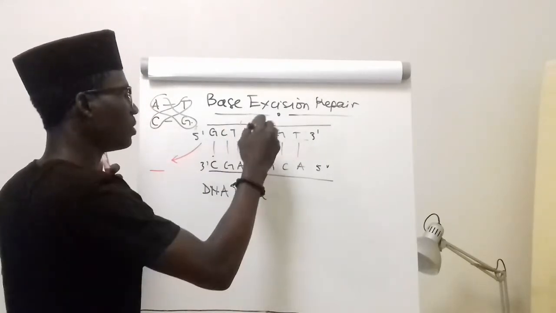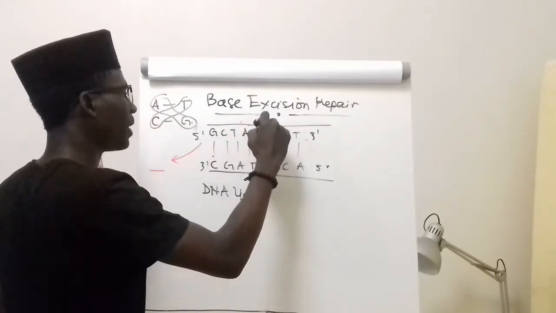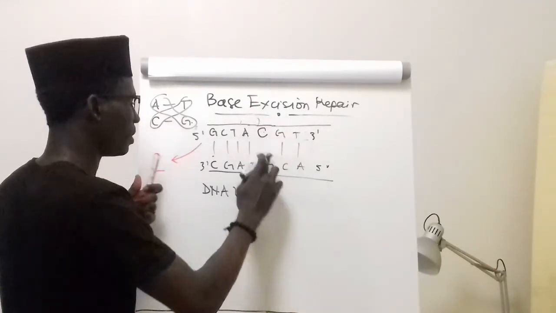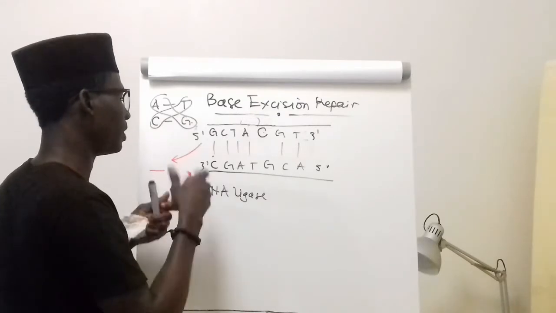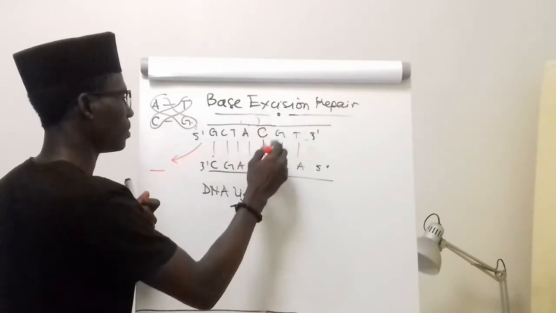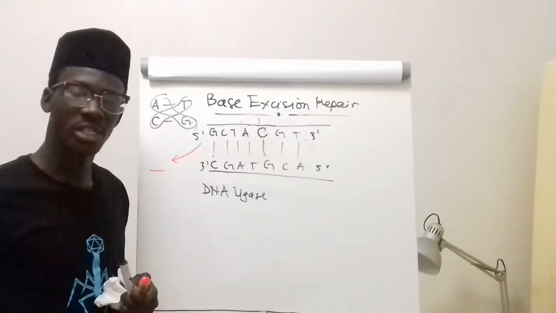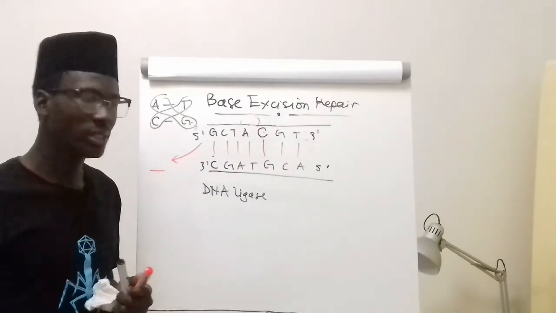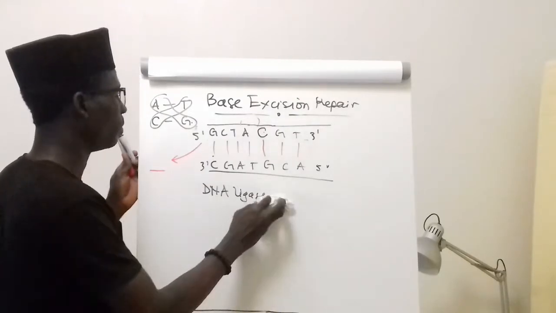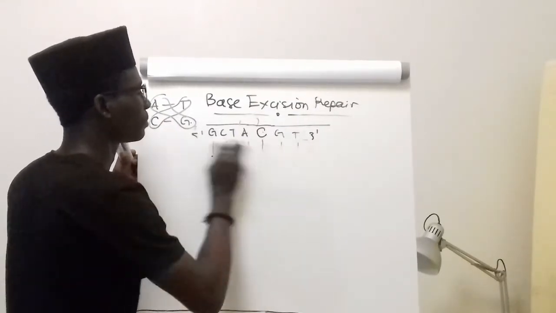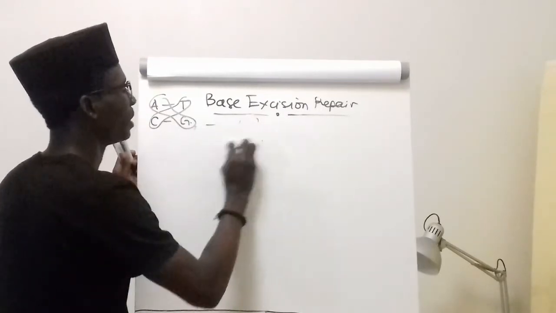And of course, when the synthesis occurs, there will be the replacement of the correct nucleotide. I forgot to put that. So that's what base excision repair is about. The next video will be on nucleotide excision repair.